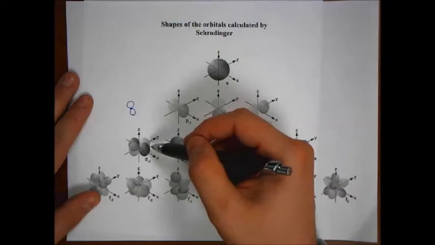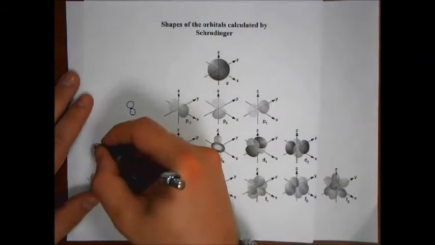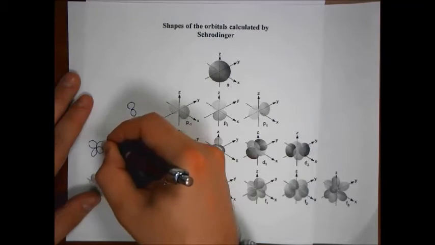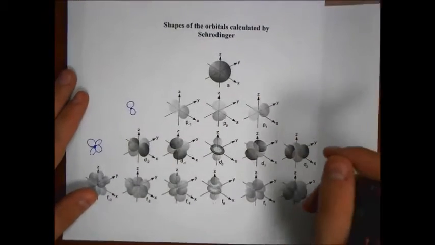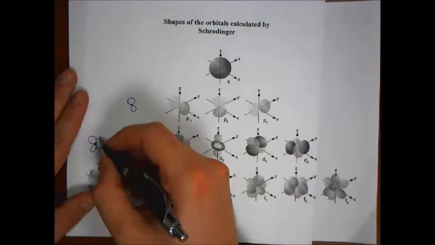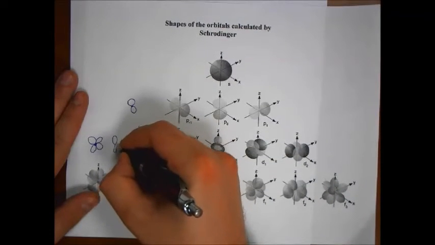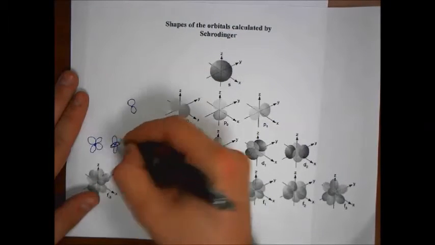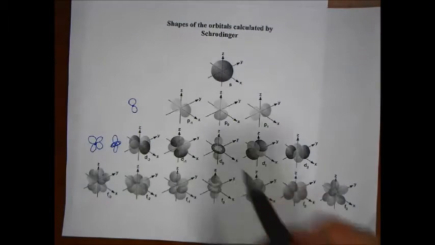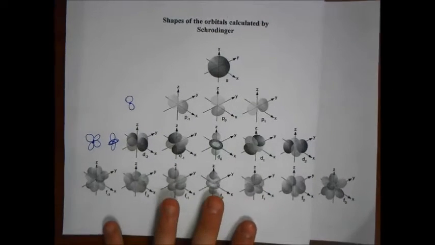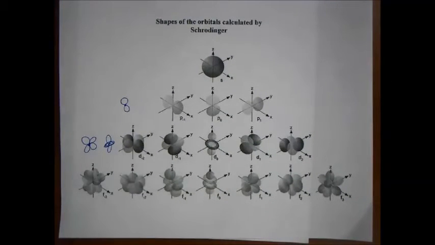In this case, we have the d orbitals, and these look like you put 4 balloons together and held them at the center. We also get this interesting shape here, which looks like 2 balloons held together, and then this ring of electron density around the middle. So that's the dz squared. All of these different shapes are calculated.